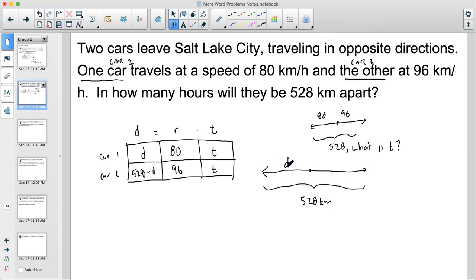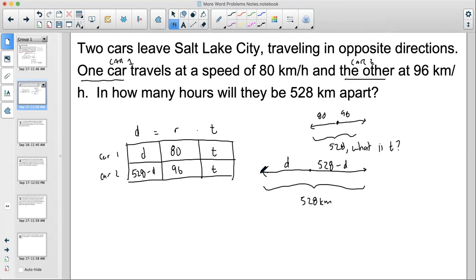But let's say this d was 200. Well, what do I add to 200 to get to 528? I add 328. And if you think about the operations I'm doing to get these answers, this is really a subtraction problem. What do I add to something to get something else is a subtraction problem. So the answer is, whatever d was, I take 528 and subtract d from it.